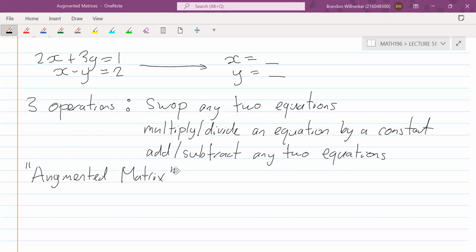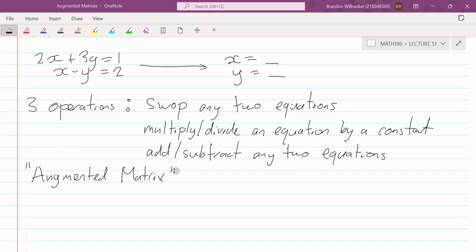A matrix is just like a table. So you've got rows and you've got columns, and in each cell of the table, you can put some value. So we're going to put the coefficients of the variables into those cells.